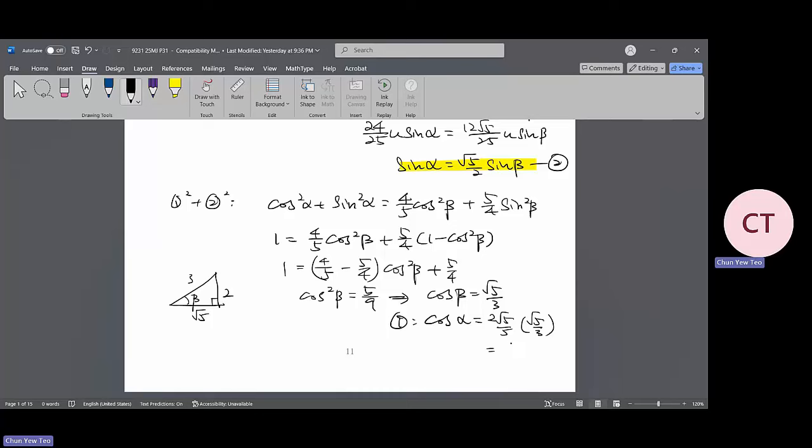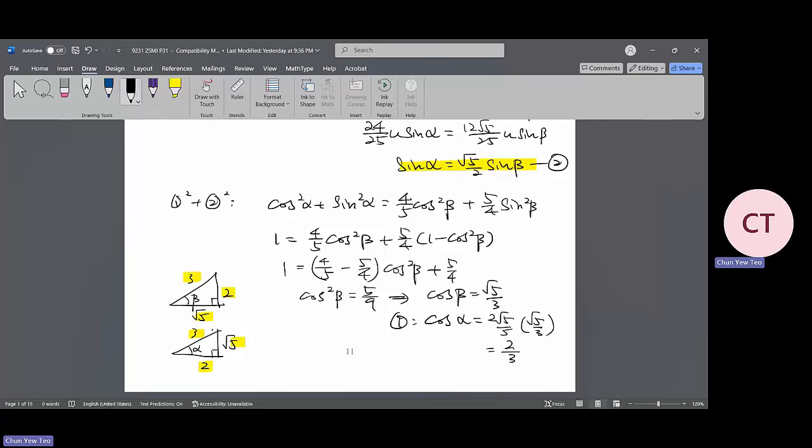So you can actually get the answer is 2 over 3. So cos alpha will give you this. Okay, this one is the 2, this one is the 3, this one is the root 5. So you can see that actually the values here are all the same. It's just that the direction, the location are different.